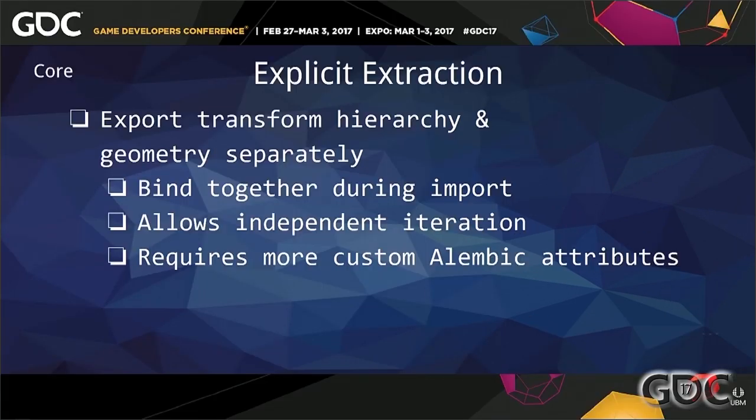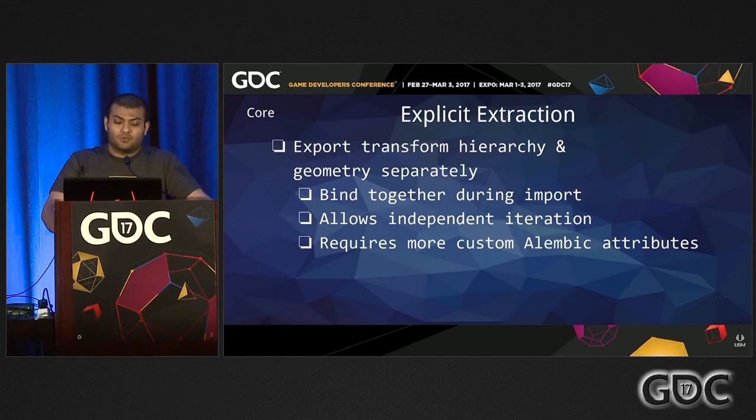We didn't actually end up fully implementing this in the production pipeline, but after working with it for a little bit, we realized the system can actually be split into two components. You have the transform hierarchy and this transform cloud that your dynamics artists are working on. And then you have a palette of geometry that a separate set of artists could potentially work on.